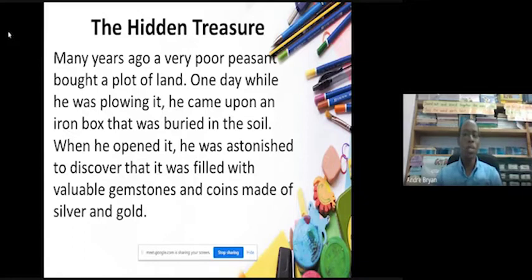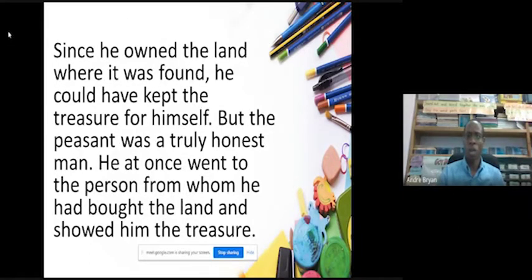When he opened it, he was astonished to discover that it was filled with valuable gemstones and coins made of silver and gold. Since he owned the land where it was found, he could have kept the treasure for himself. But the peasant was a truly honest man. He at once went to the person from whom he had bought the land and showed him the treasure.